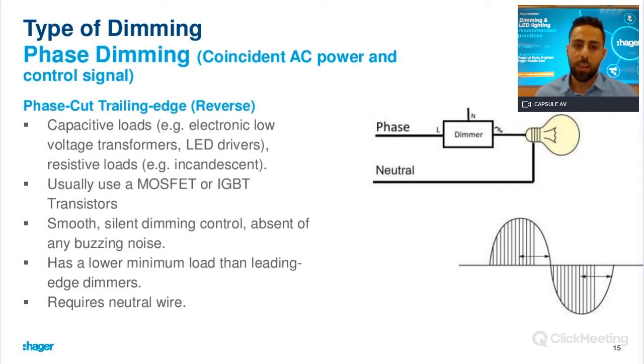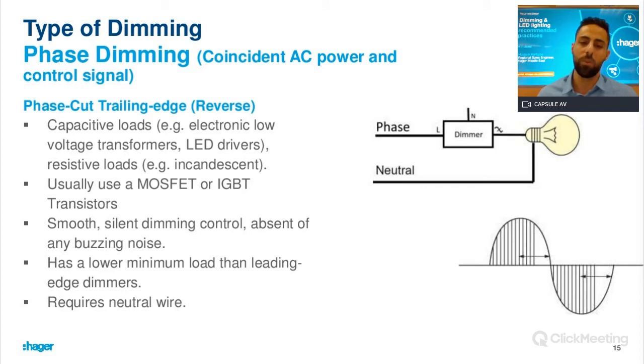We can say that this is an upgraded version of the forward dimmer. Why? It covers capacitive loads, electronic low voltage transformers, LED drivers, and incandescent. It doesn't use a triac as a switching element. It uses MOSFET and IGBT transistors. So it will be smoother, it will be silent, and the buzzing noise will be absent.